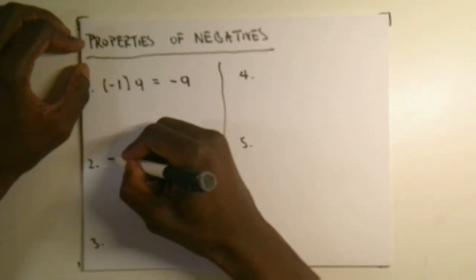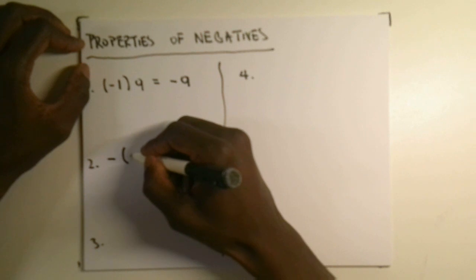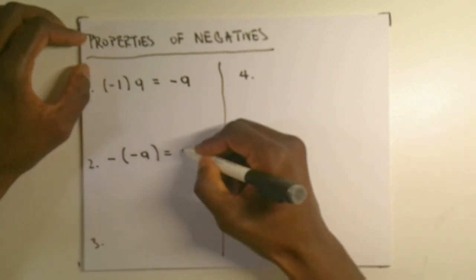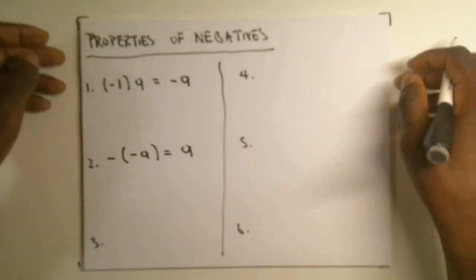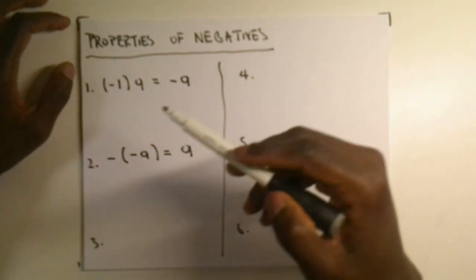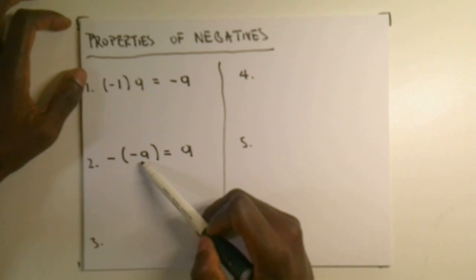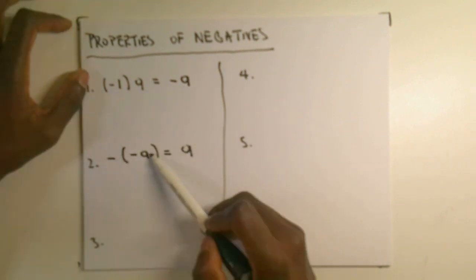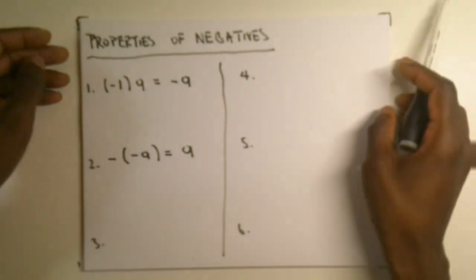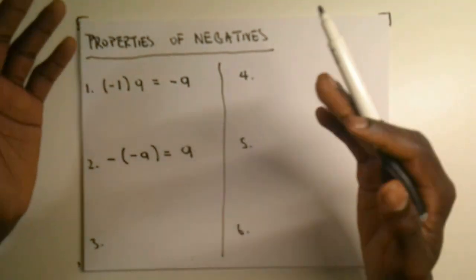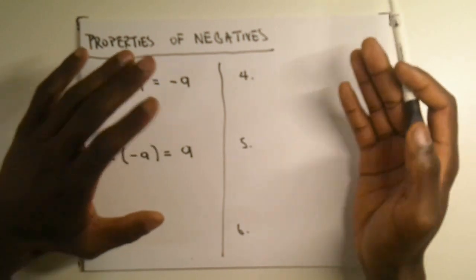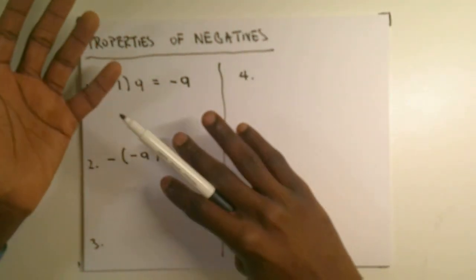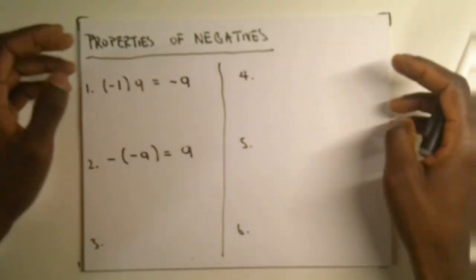Now, if you have a negative of a -a, it will turn that back into a positive, right? So it will negate this value, right? So we see that the way you think about negatives is that it's a way of negating the sign, but if you negate the sign, it returns it back, right?